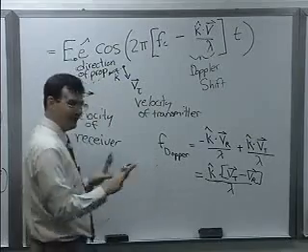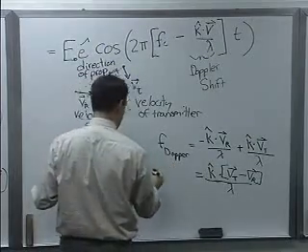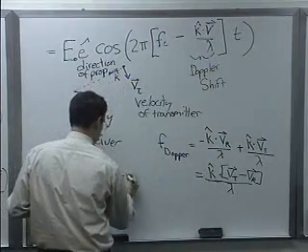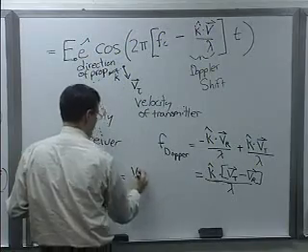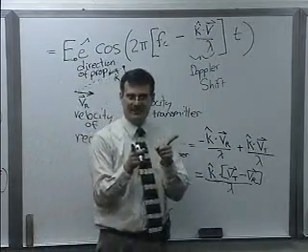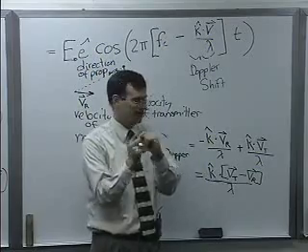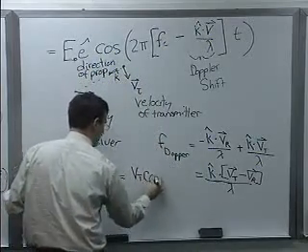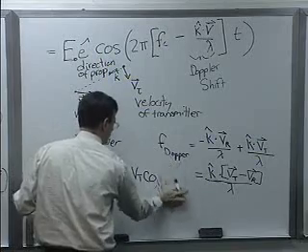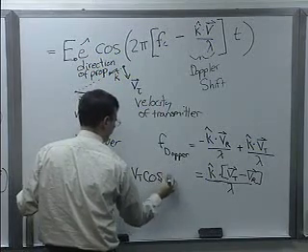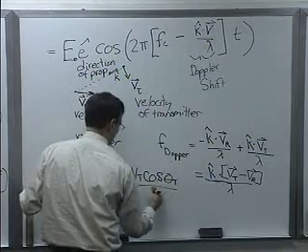In fact, if you don't like vectors, you can write this as the velocity of the transmitter, and what is the dot product basically? It's the cosine of the angle that two vectors make. So you write this as v sub t cosine theta sub t over lambda.